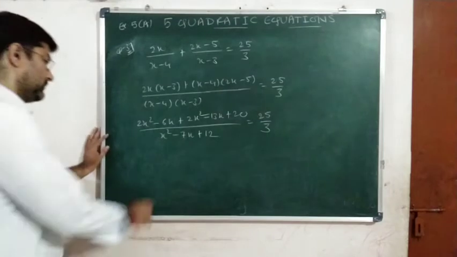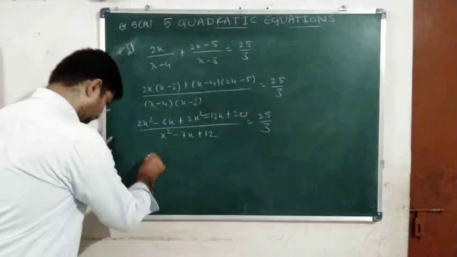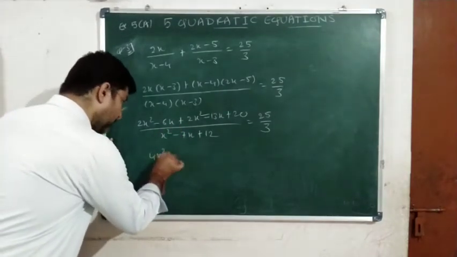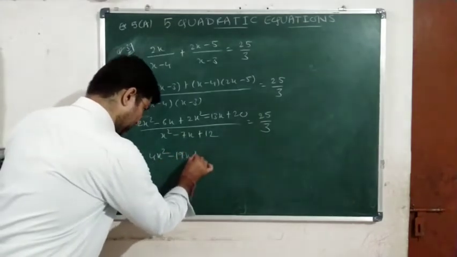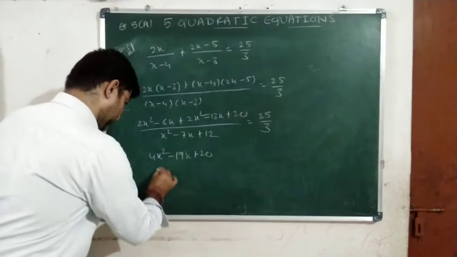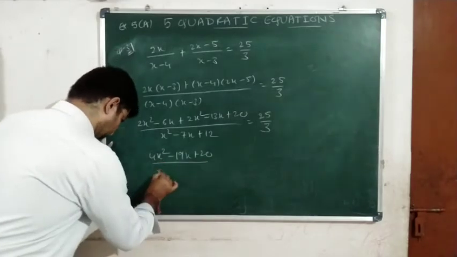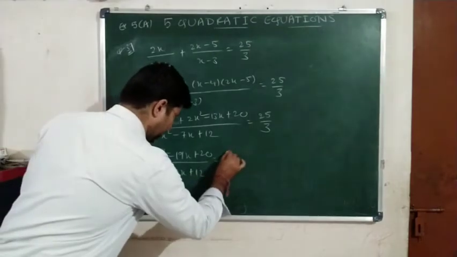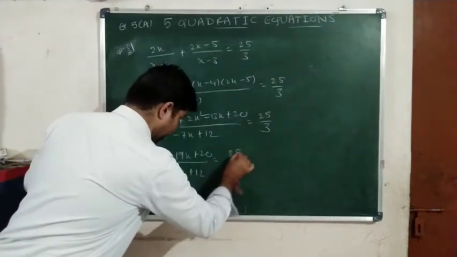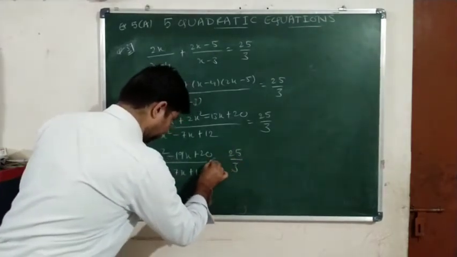Okay, now let us solve the like terms. 2x square plus 2x square, 4x square minus 19x plus 20 upon x square minus 7x plus 12 is equal to 25 upon 3.